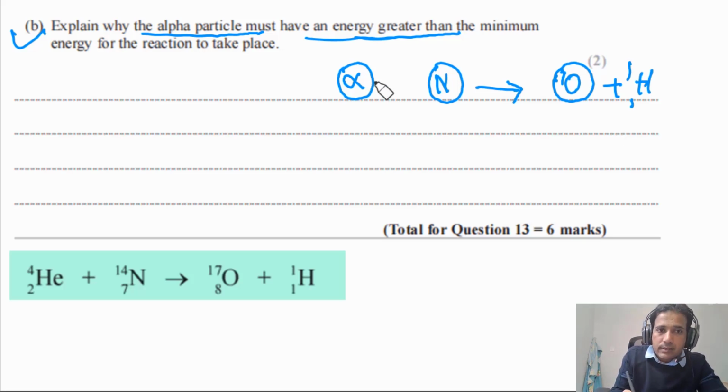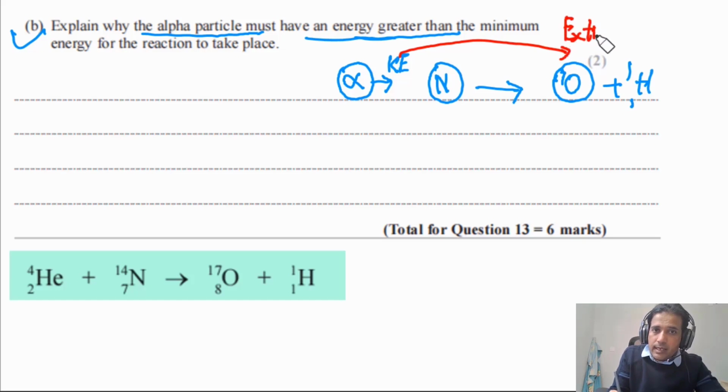In this case, the alpha particle initially has kinetic energy, and some of its kinetic energy has been converted into extra mass to produce the oxygen nucleus. So that is equal to the minimum energy.